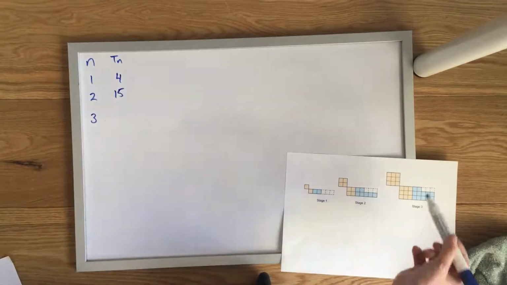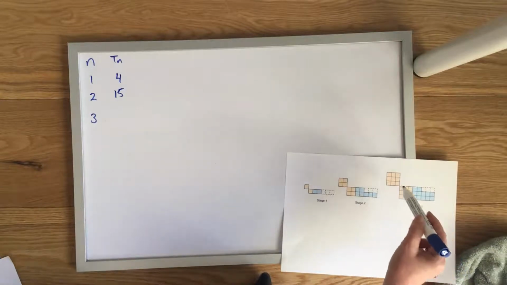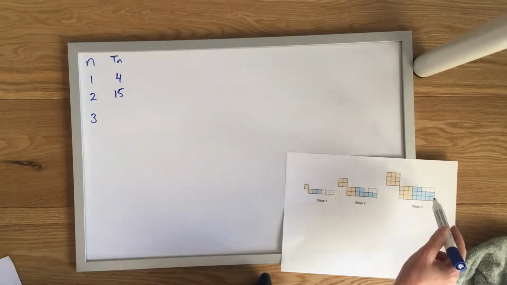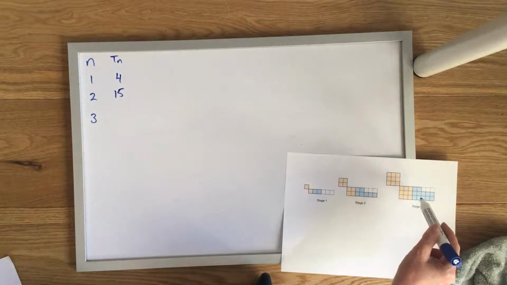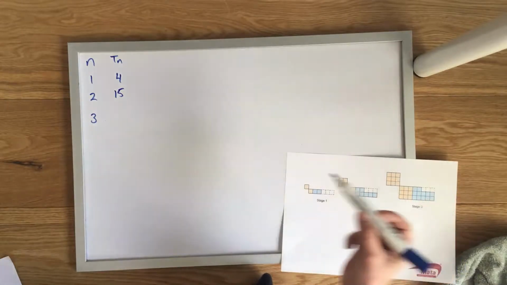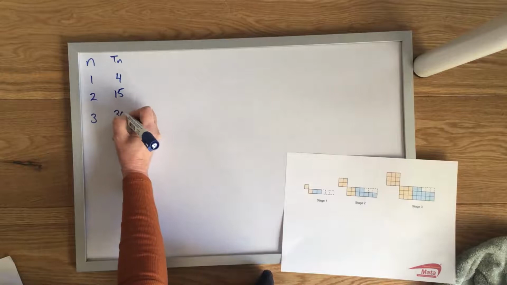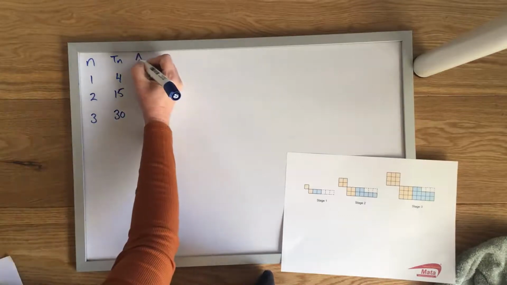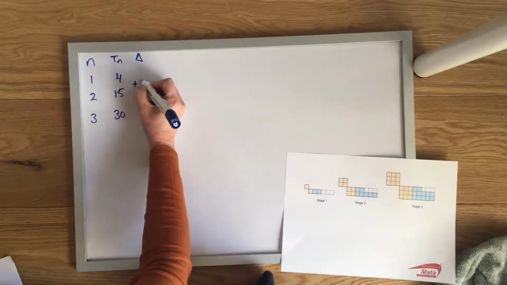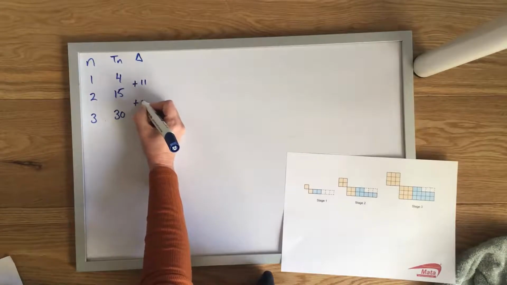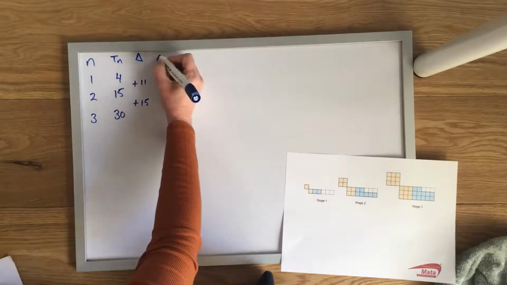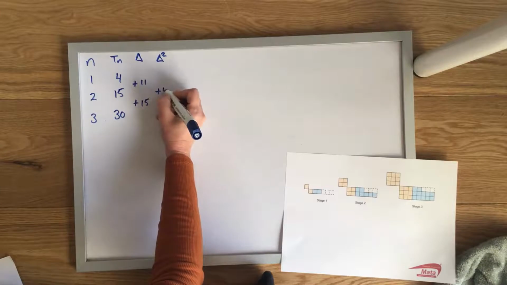And our third term has 30. So our first difference is plus 11 and then plus 15, and our second difference is plus 4.